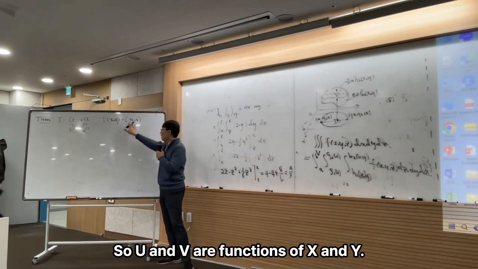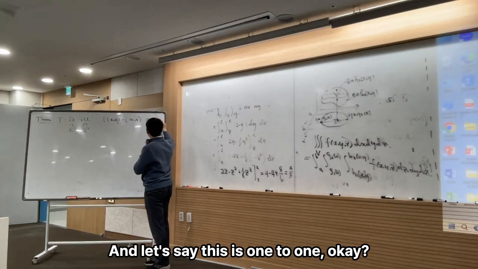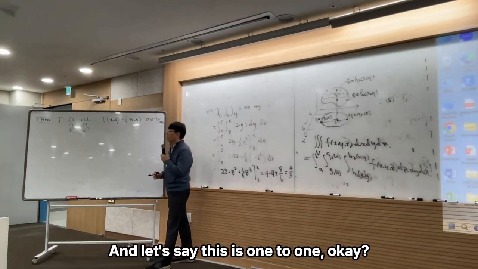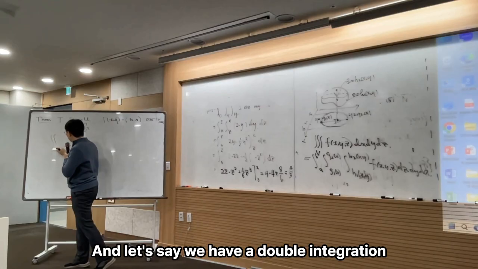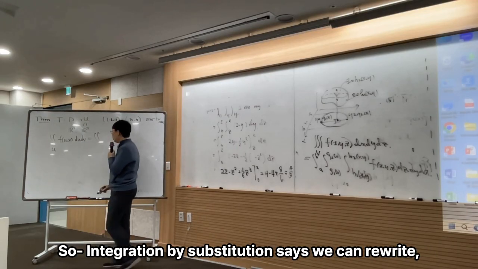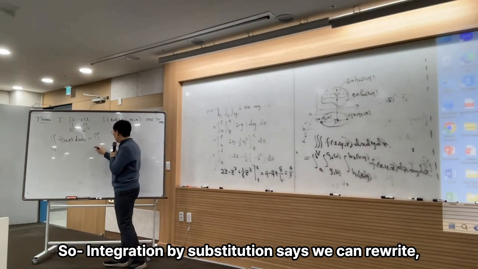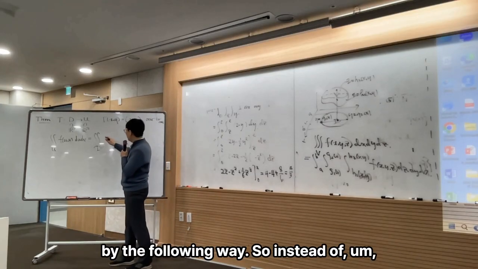So u and v are functions of x and y, and let's say this is one-to-one. And let's say we have a double integration of a function in terms of u and v over the domain U.